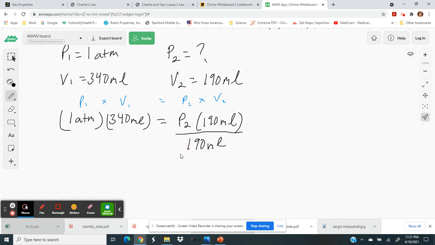Now these cancel out, and that leaves P2 by itself. But if you divide the right side by 190 milliliters, you have to divide the left side by 190 milliliters too. So to figure out P2, you take the 1, multiply by 340, divided by 190.